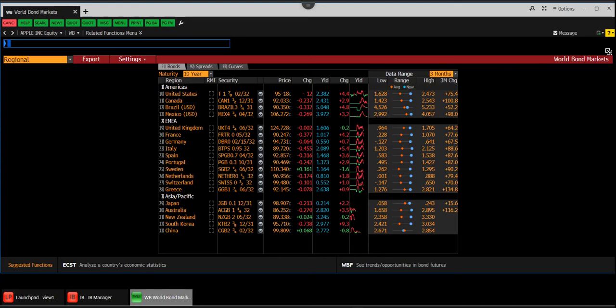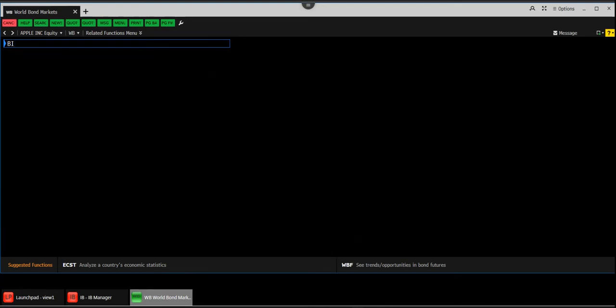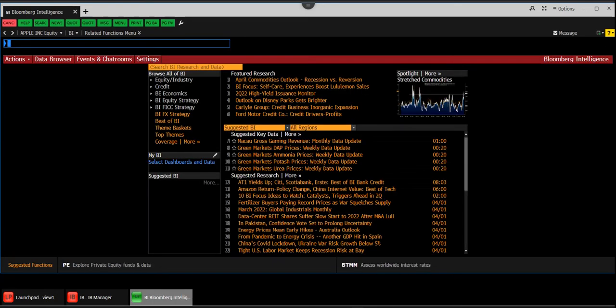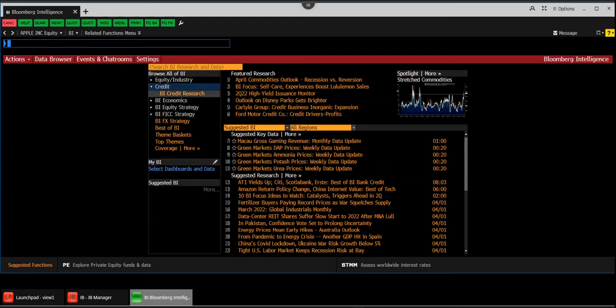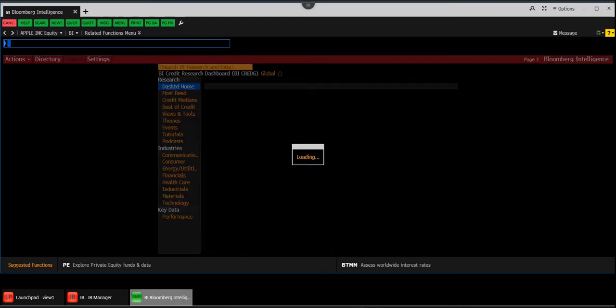So the third one is Bloomberg Intelligence. Now, this function I think is unique in that it displays research on companies and what the market is doing. And you could do equities, you could do credit, so BI credit research.